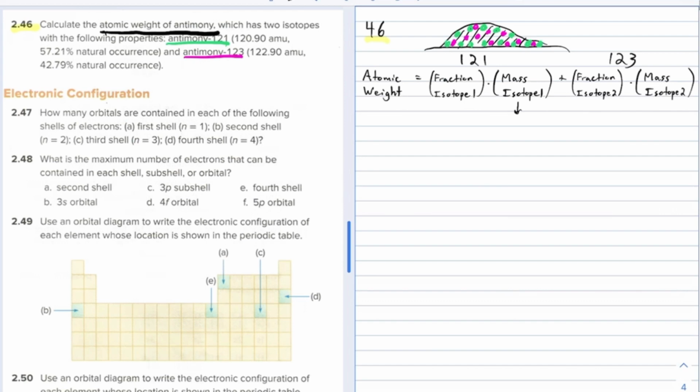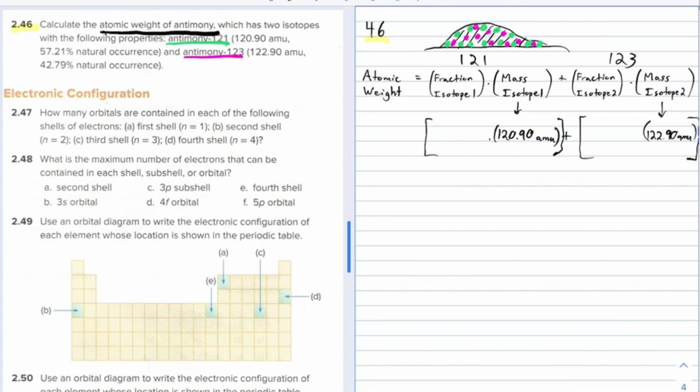So the mass of the 121 isotope is 120.90 AMU, and then the 123 isotope weighs 122.90 AMU. Okay, we have to multiply those masses by the fractions, and then we add them together.